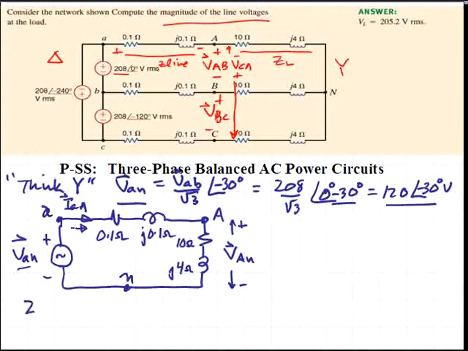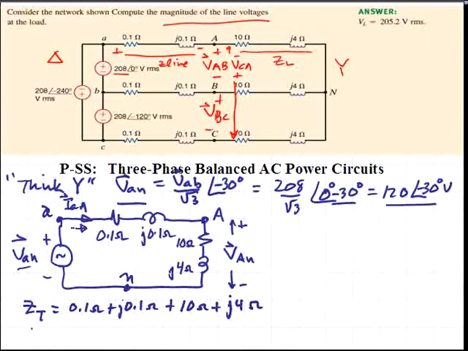Total impedance that the source sees, Z sub T, is equal to 0.1 ohm plus j0.1 ohm plus 10 ohms plus j4 ohms.